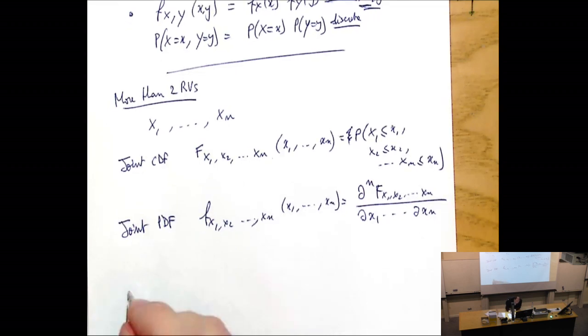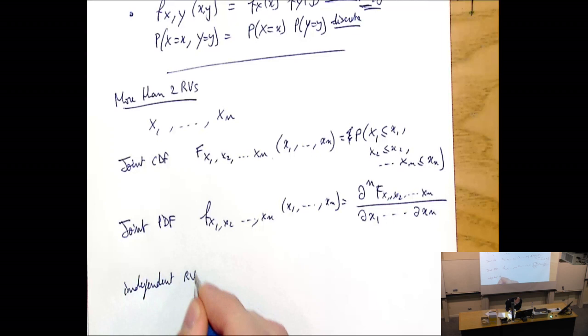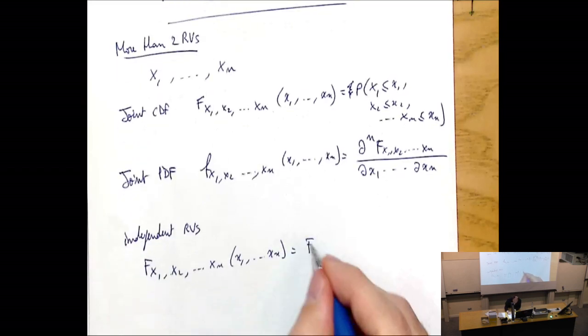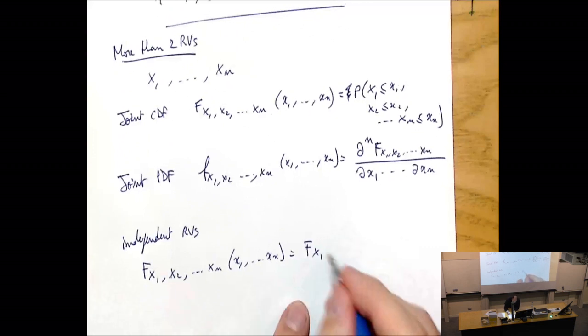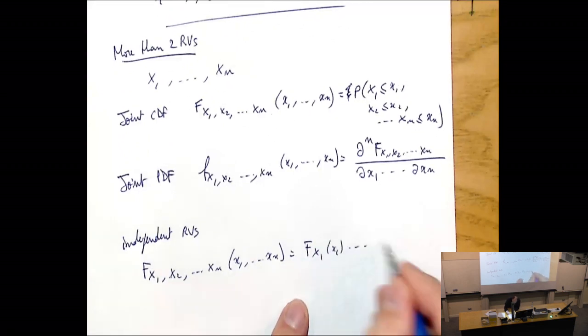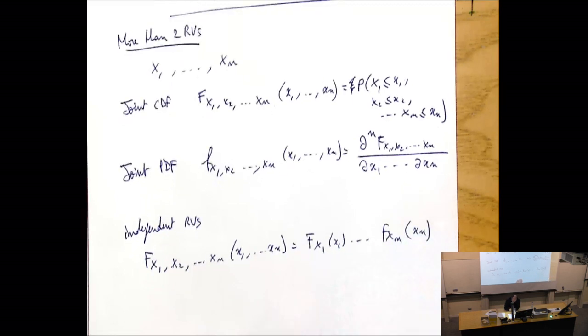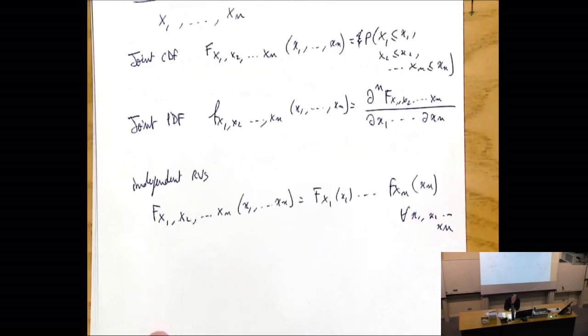And if they're independent random variables, then this joint CDF evaluated at x1 all the way to xn will be equal to the product of the CDF of X1 evaluated at x1, multiplied by all the way to the CDF of Xn evaluated at xn, right? And this has to hold for all x1, x2 all the way to xn.